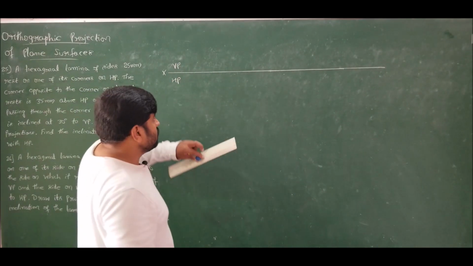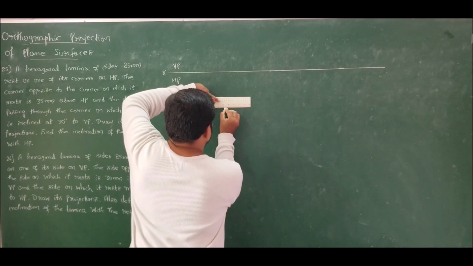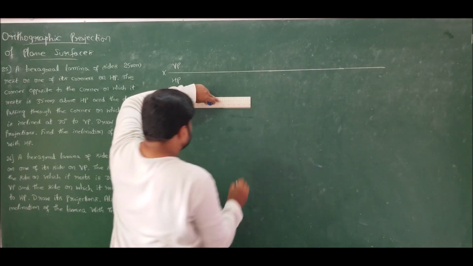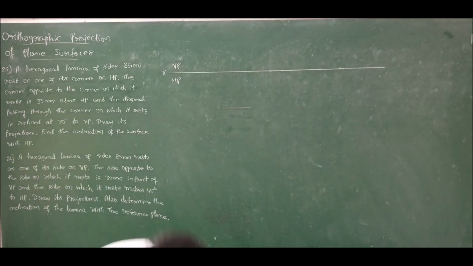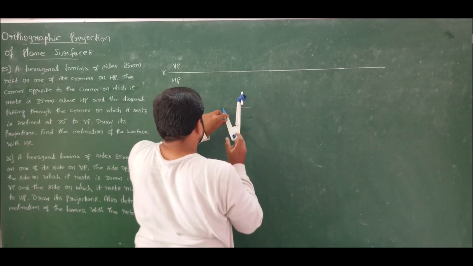I want to get the corner towards my left hand side, so therefore draw a horizontal line equal to the edge length of the hexagon, which is 25 mm. Using this as reference, construct a circle.